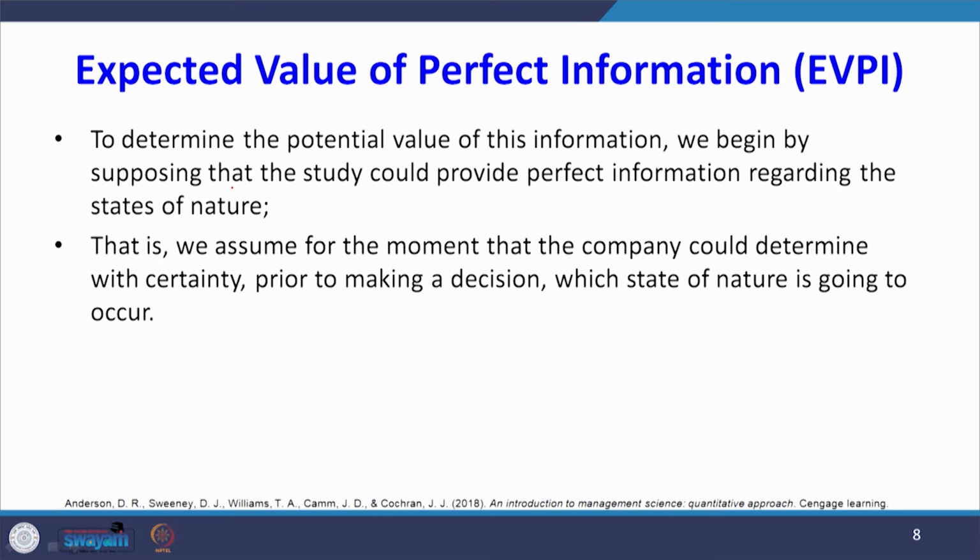So, the marketing research company will tell whether the demand is going to be strong or weak. That is, we assume for the moment that the company could determine with certainty, with the help of this marketing research company, prior to making the decision, which state of nature is going to occur.